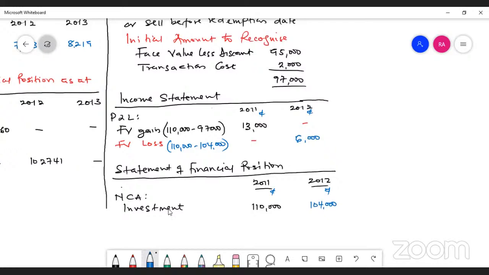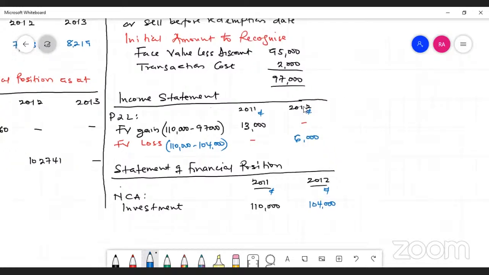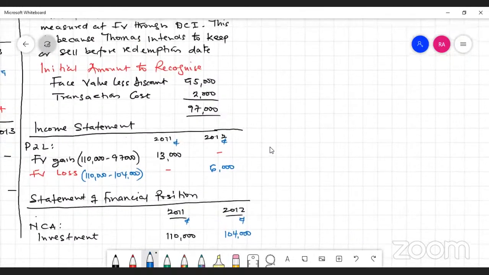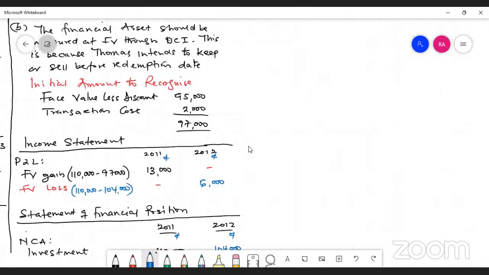Very simple. Now, if it is at fair value through P&L, that is, they said it is, they want to trade in it in the short term.